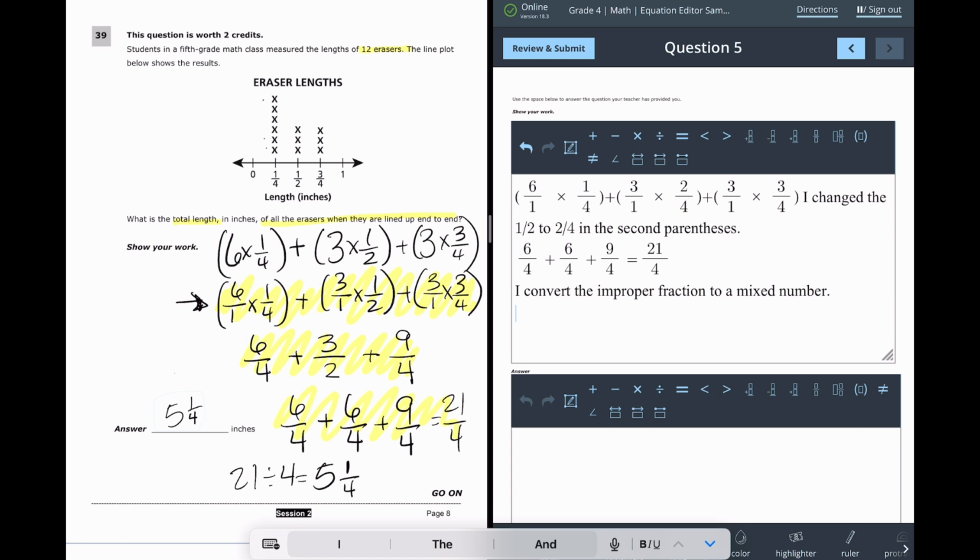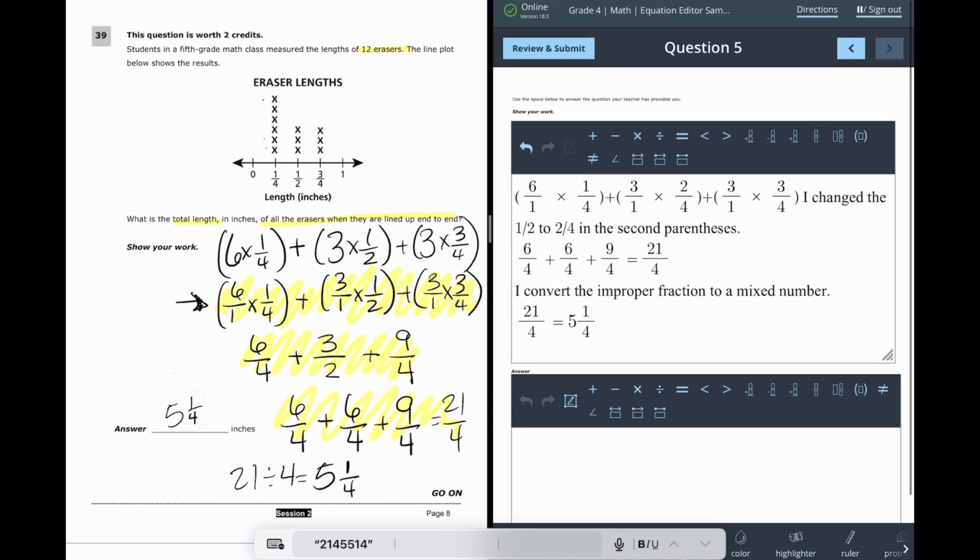So now I'm going to have 21 over 4 is equal to, and I'm going to have a mixed number. 21 over 4 is equal to, and I'm not doing this again, I'm literally just typing what I already did in my work. There.